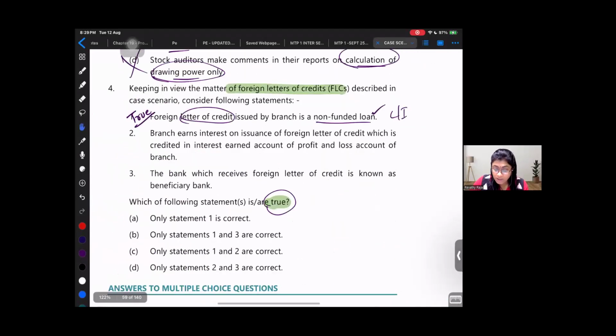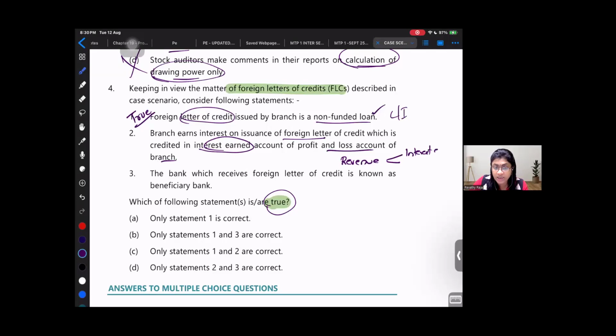Next. Branch earns interest on letter of credit under interest earned account in P&L. The revenue of the bank has how many heads? Two heads.